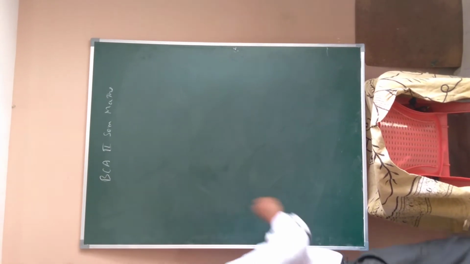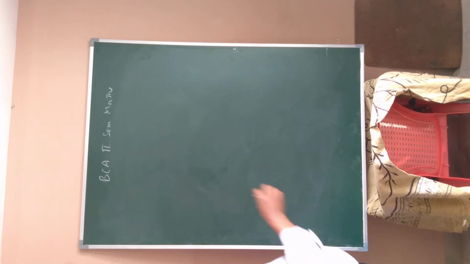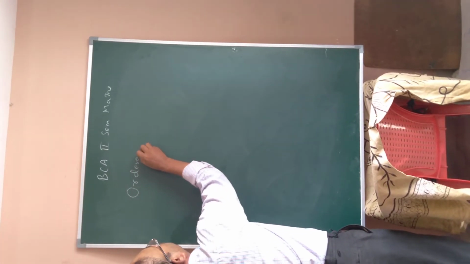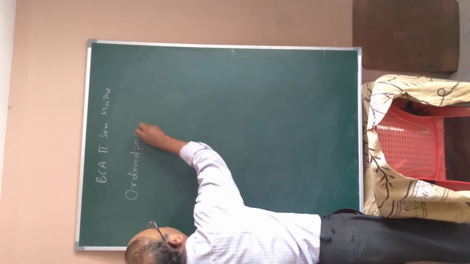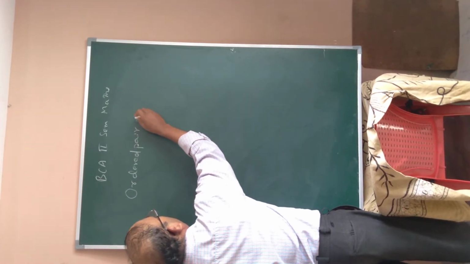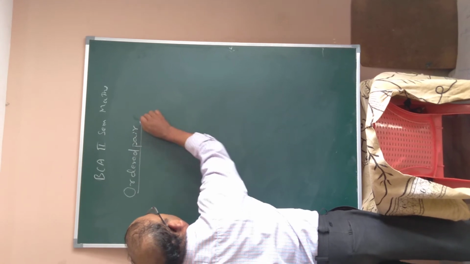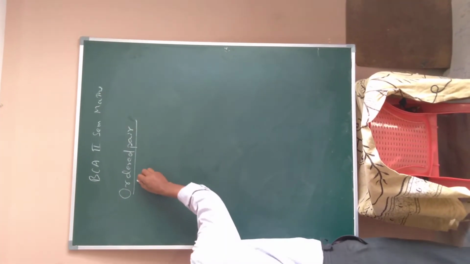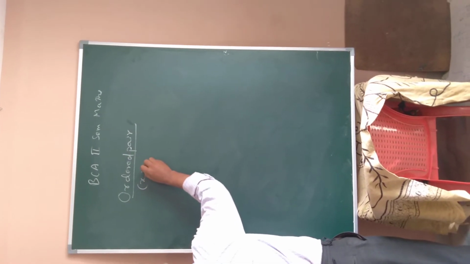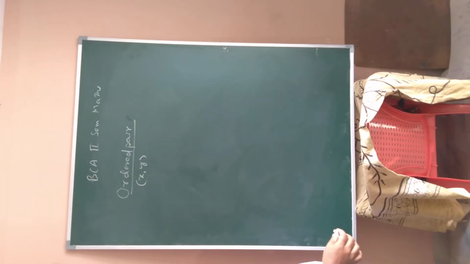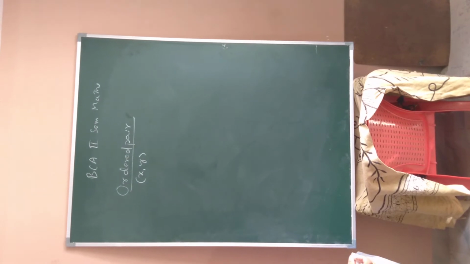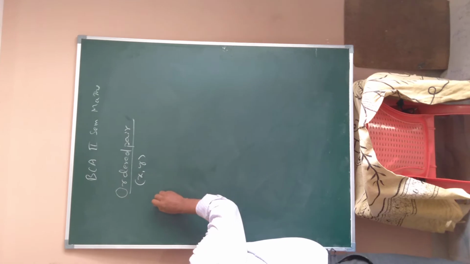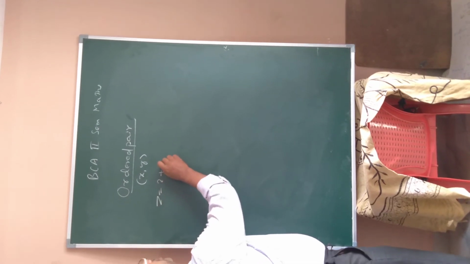Next heading is ordered pair. Ordered pair means writing two terms in brackets, the coordinates x and y. Let us take an example. Z is equal to 2 plus 3i.